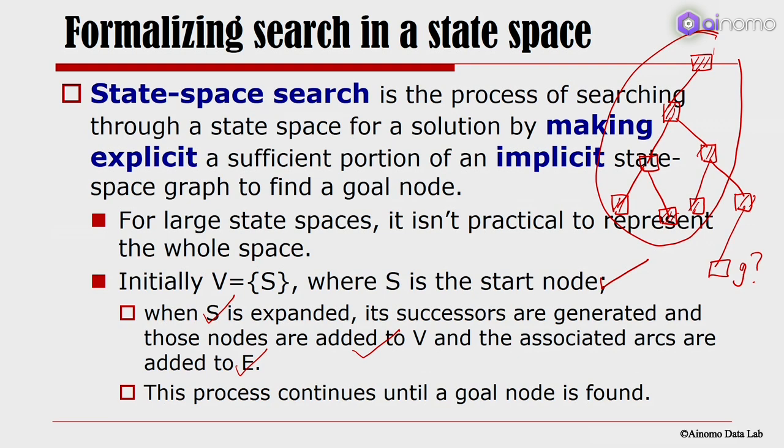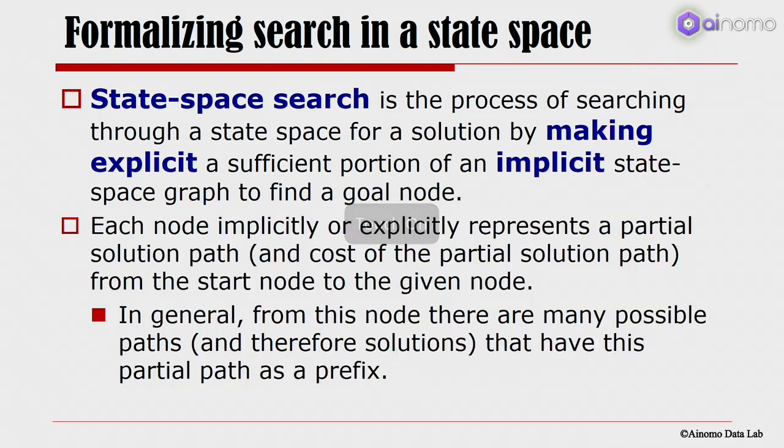If not, getting its successor nodes and keeping the process continuing. So, in state space search each node implicitly or explicitly represents a partial solution path. In general, from this node, there are many possible paths that have its partial path as a prefix.